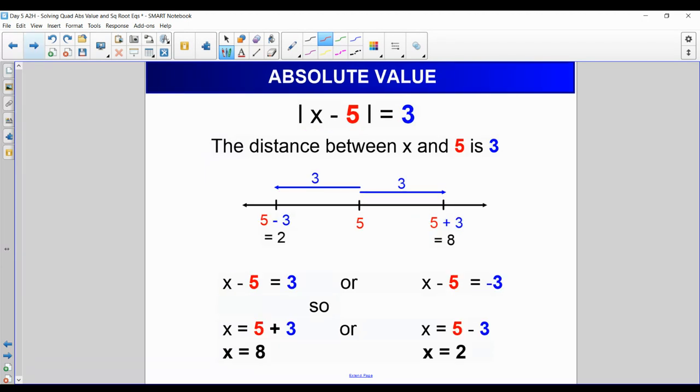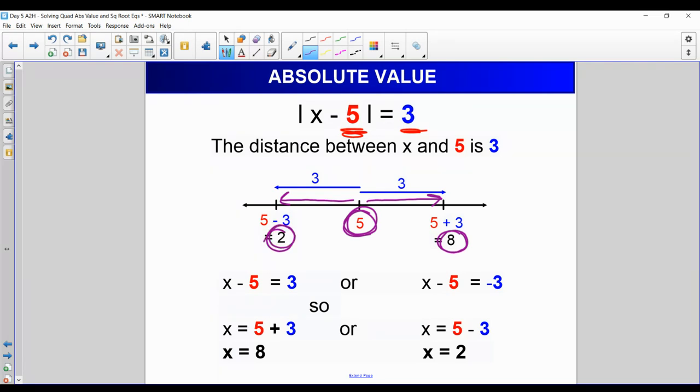If I look at this one, now I'm giving another number on the inside, so the absolute value of x minus 5 equals 3. That's like saying the distance from 5 is 3. So if I start at 5 and I go 3 in the positive direction, I'm going to get 8. But if I start at 5 and go 3 in the other direction towards the negatives, I'm going to get an answer of 2.